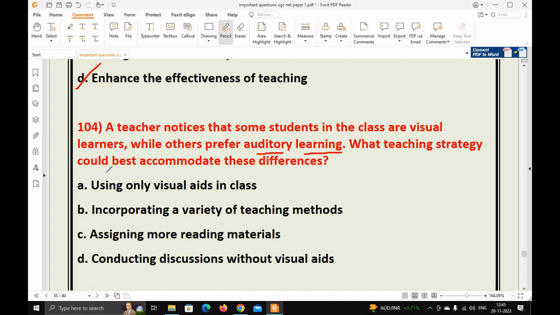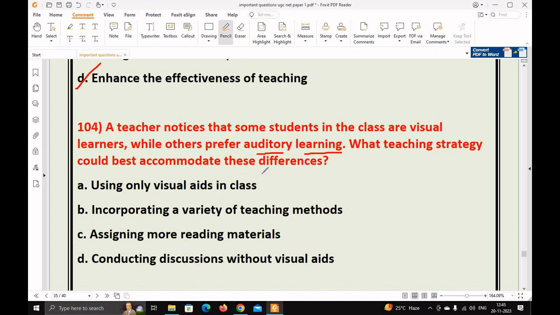What teaching strategy could best accommodate these differences? Options are using only visual aids in the class, incorporating a variety of teaching methods, assigning more reading materials, conducting discussions without visual aids.